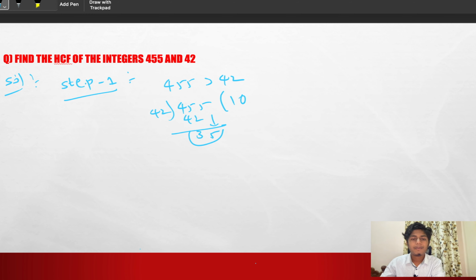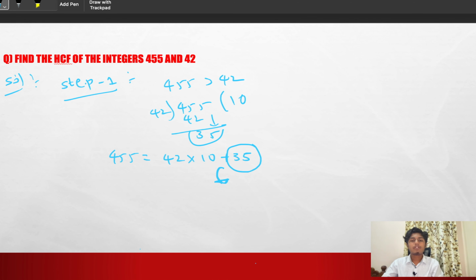Here dividend is 455, divisor is 42, quotient is 10 and remainder is 35. Here the remainder is 35.